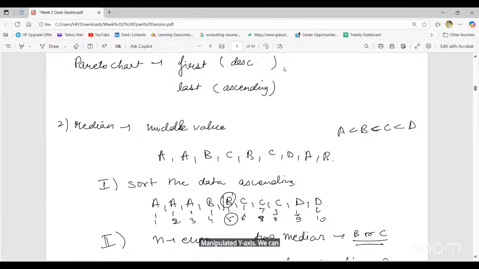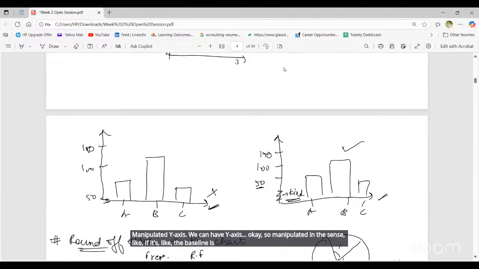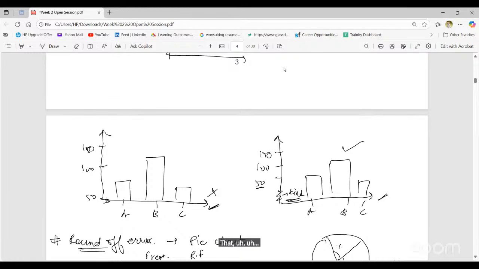We can have a manipulated y-axis. Manipulated in the sense that the baseline is not starting with 0. Sometimes the baseline and everything is correct, but you disproportionate the y-axis, and then the graph looks different.